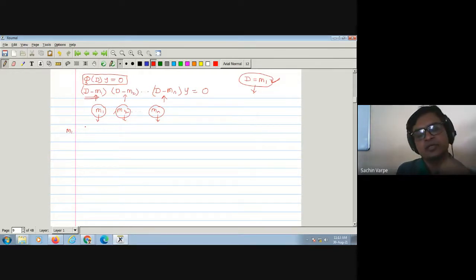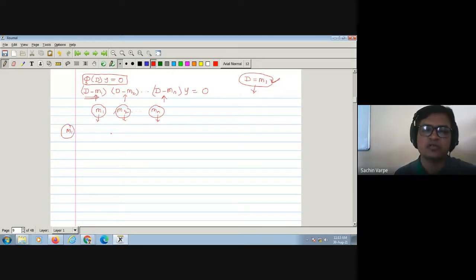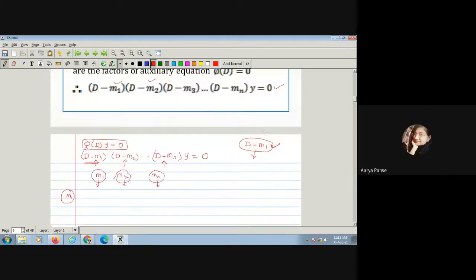Suppose we have a linear differential equation of first order first degree, then how many roots will it have?